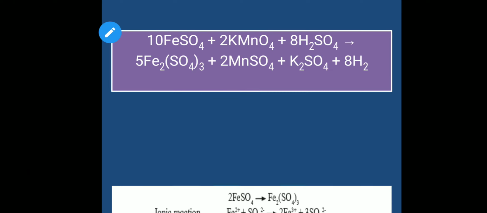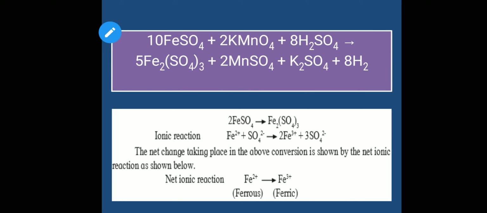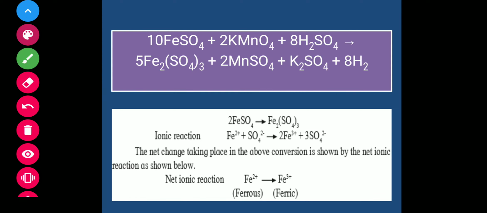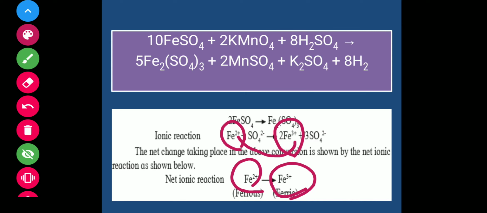See the ionic reaction, here is the ionic reaction. You can see Fe2+ is converted to Fe3+. So in the net ionic reaction, Fe2+ is converting to Fe3+, meaning ferrous is converting into ferric.